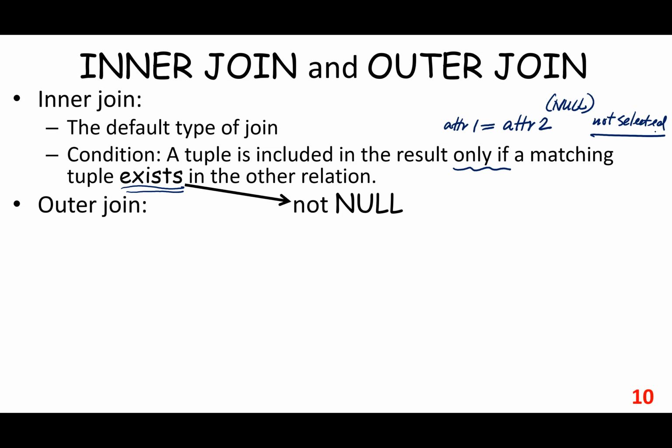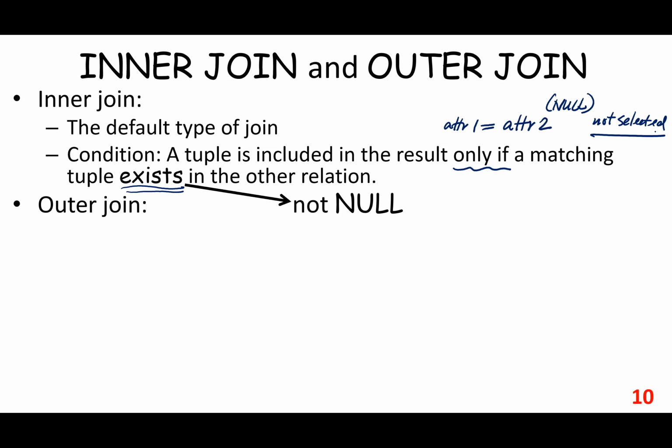But in real-world business, people sometimes need to include the null value. When they join two tables, when they apply the join condition on two tables, they like to include the tuples with null values for the join attributes.